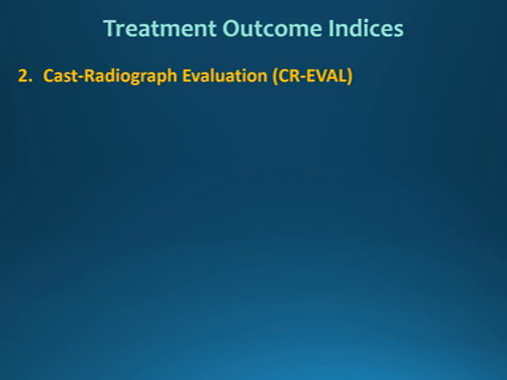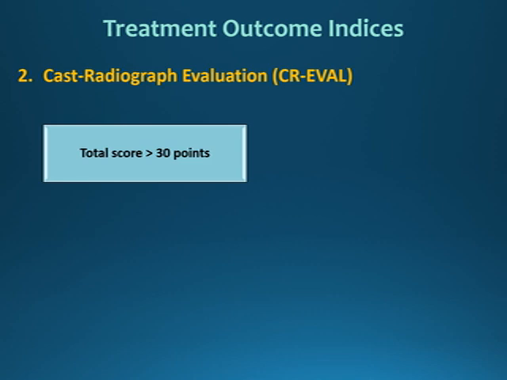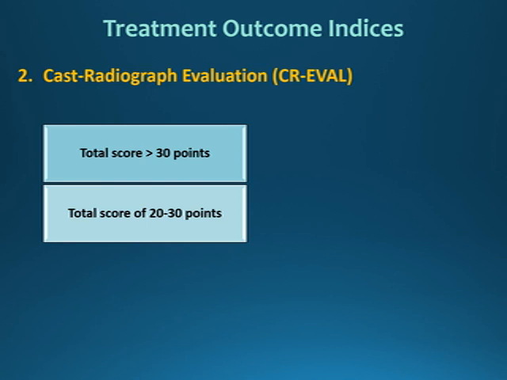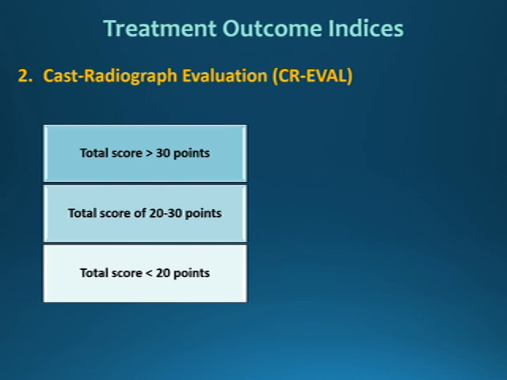When we get the total score for the cast radiograph evaluation, which represents the sum of the scores of each of the 8 components of this index, we can categorize the result into 3 categories. Either we have a total score of greater than 30 points, or between 20 to 30 points, or less than 20 points.